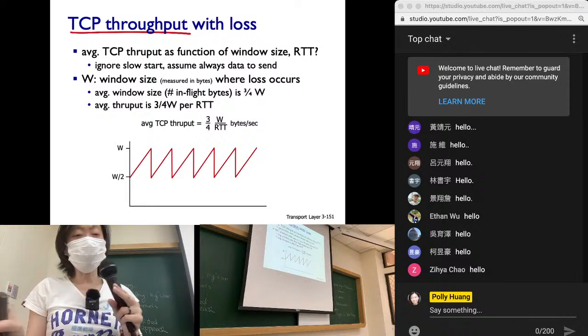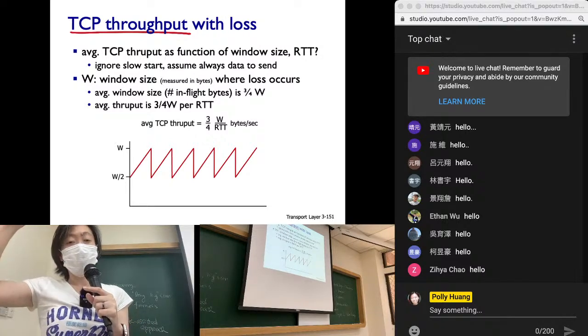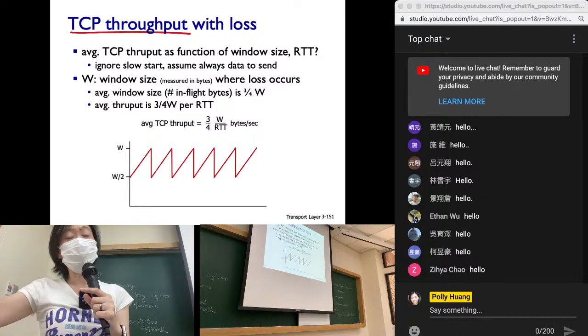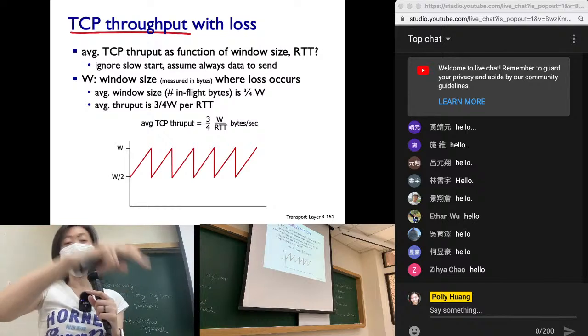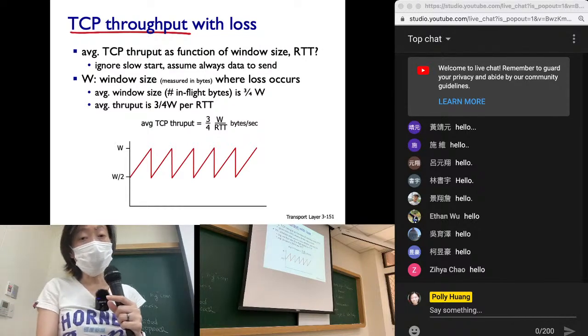Okay, so assume the average window size at the point detecting an error is W. Then you see this sawtooth, really nice, pretty sawtooth behavior going on and on. The average TCP throughput, okay, is in fact this. 3/4 of W over RTT.